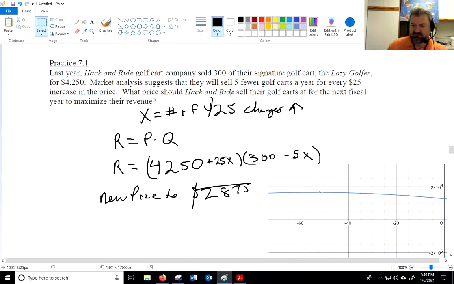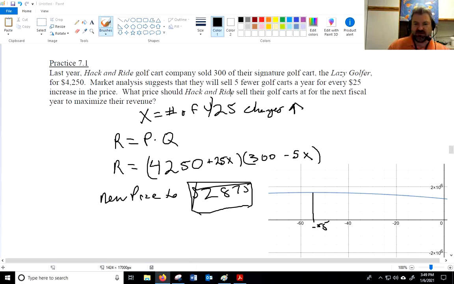Because that vertex right here, this maximum value is at negative 55 right here. So that's saying since x is the number of times we increase it 25, we need to unincrease it. We need to decrease it 55 times, which gets you quite a bit less of a price. But you're going to get a whole lot more sales.